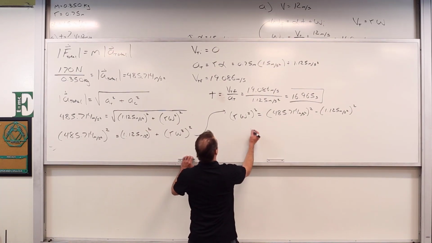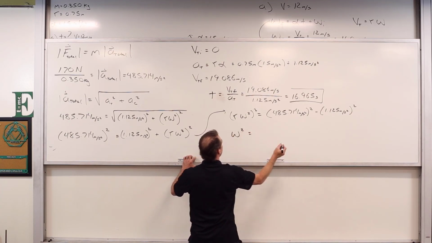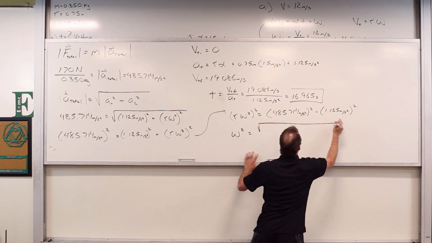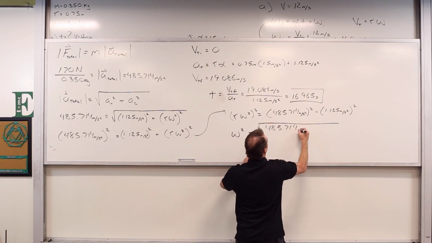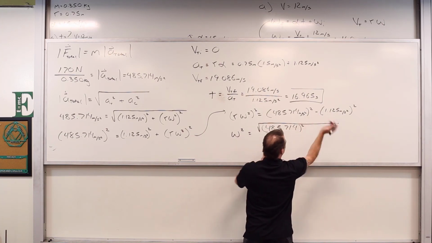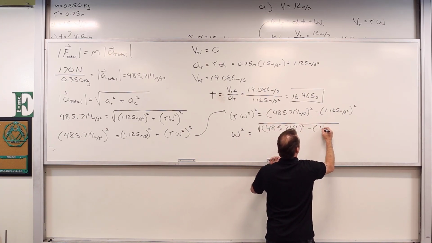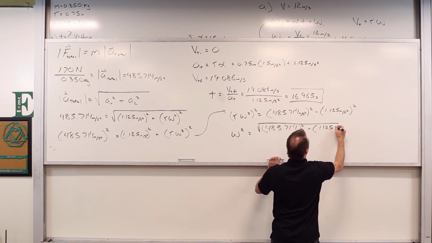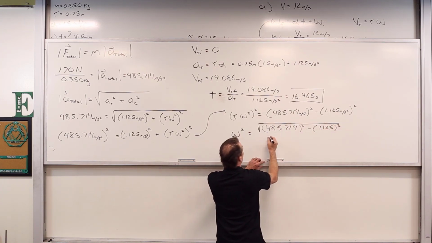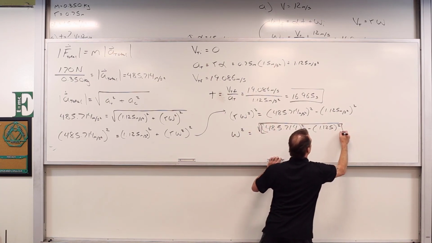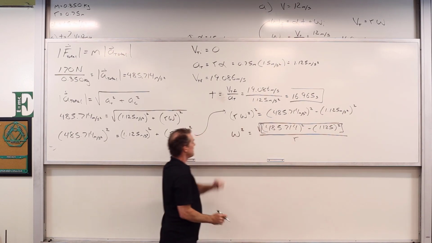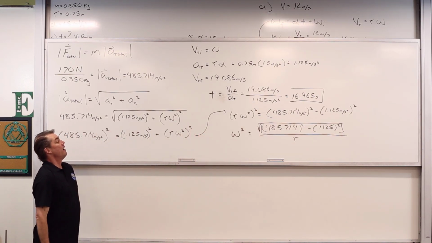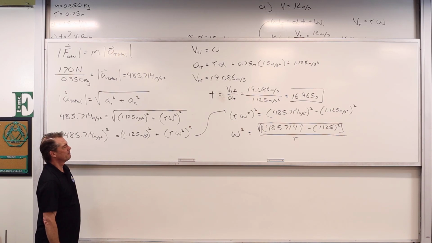So we can write that omega squared is going to be equal to the square root of 485.714 squared, dropping the units right now, they're getting in my way, minus 1.125 squared, that whole quantity divided by r. So let us quantify that.